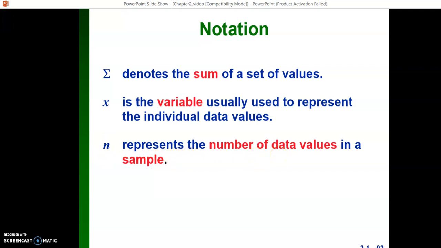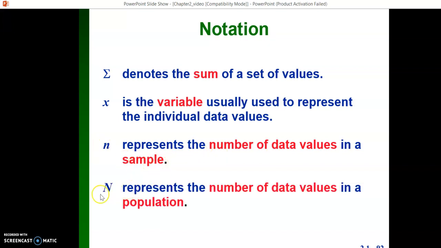In this course, you are learning two different things, sample and population, and how to differentiate them using the variable. The small n means sample. The capital N is the number of data values in a population. You have to know these notations when it comes to the mean, median and mode.